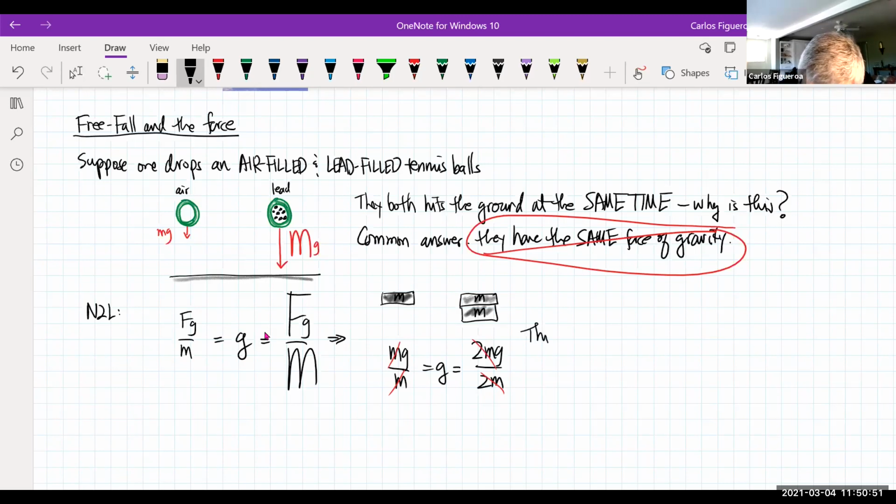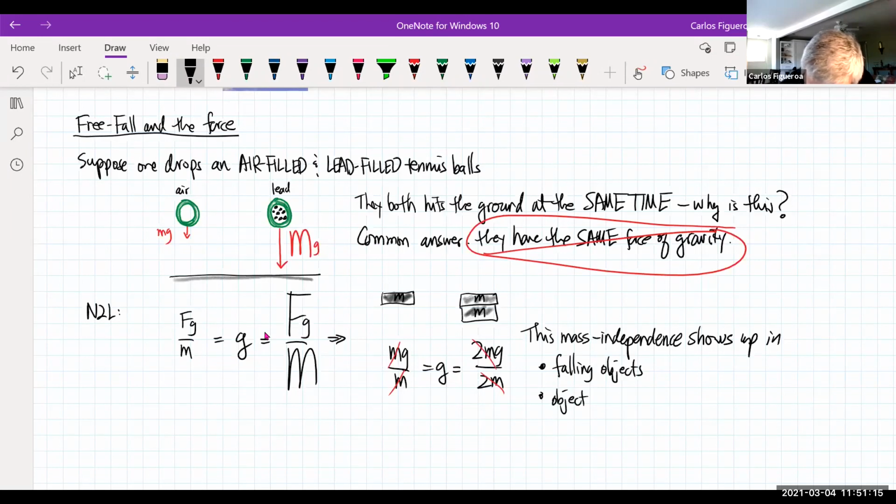So this mass independence shows up in one, falling objects, sliding down inclines, and also pendulums.